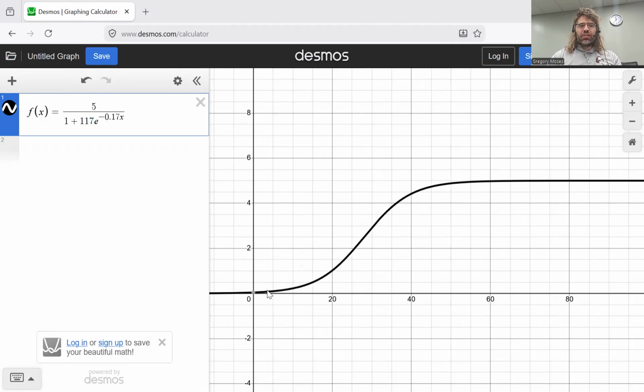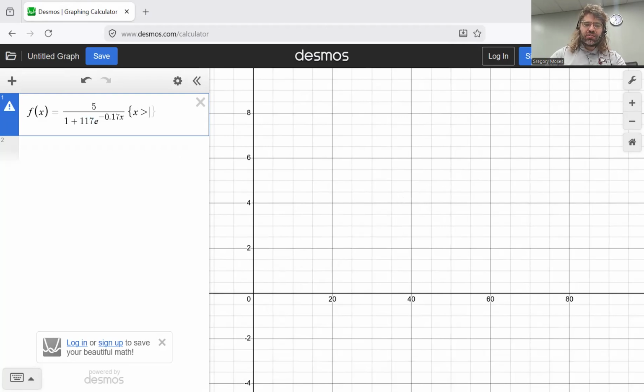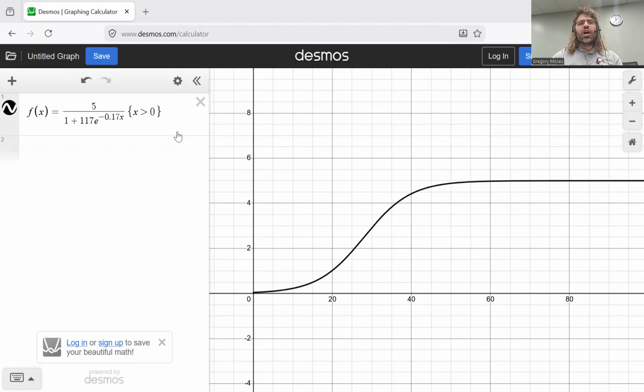Where now, just looking at the positive region, again, say this represents the outbreak of a disease, only positive time values make sense. The disease grows slowly initially, then it picks up speed and grows exponentially, then it flips concavity and starts to grow slowly.